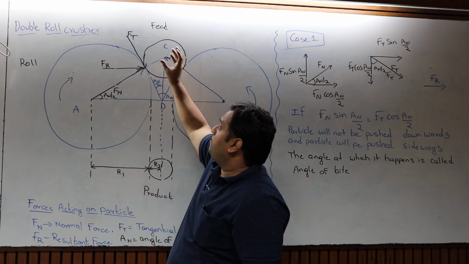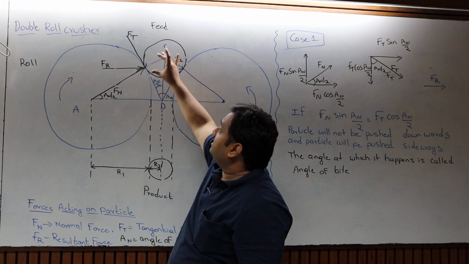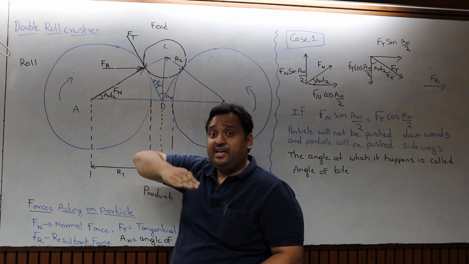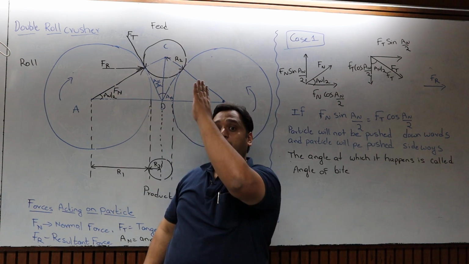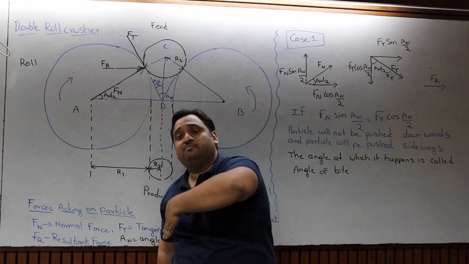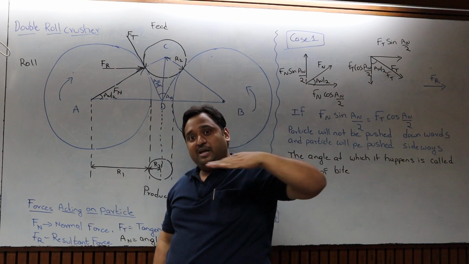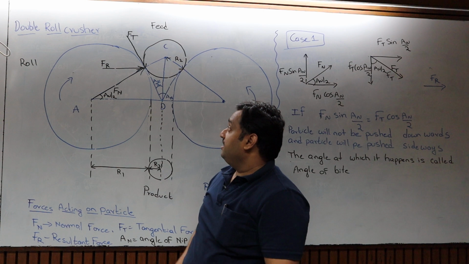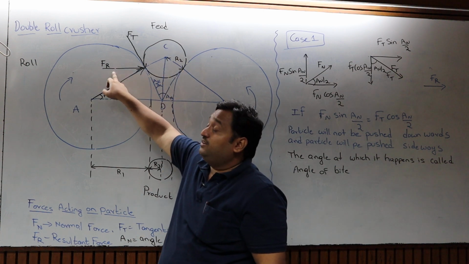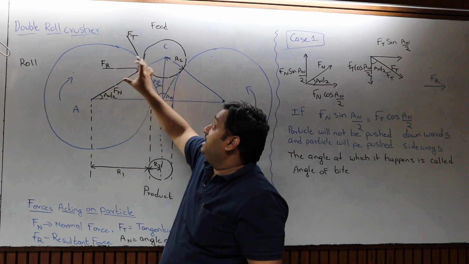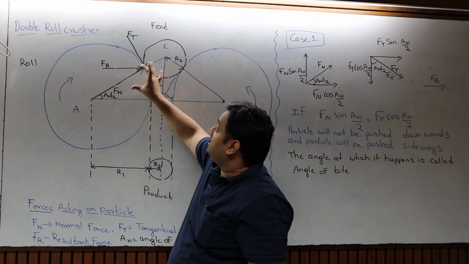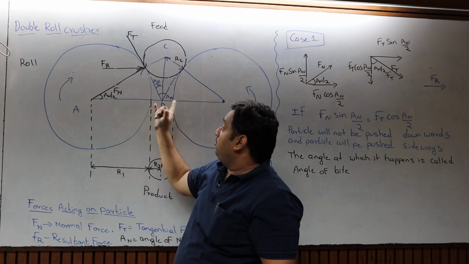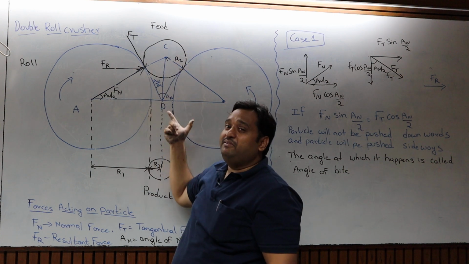Depending upon the size of the rolls and the size of the particles, the resultant will sometimes be in the upper direction, sometimes in the lower direction, and sometimes in the horizontal direction. Its direction depends on the size of the rolls, the size of the feed, and the distance between the rolls.